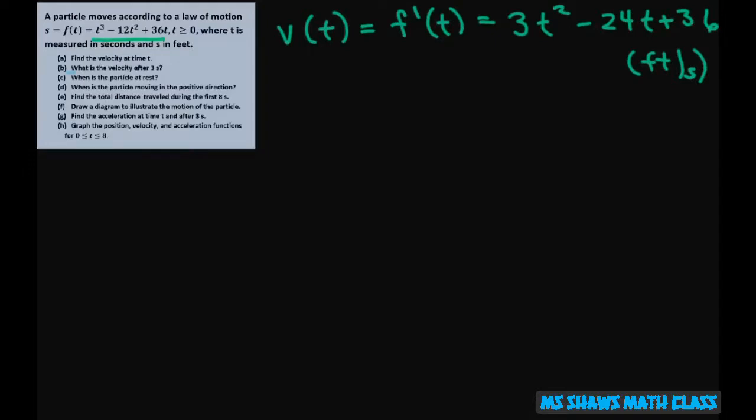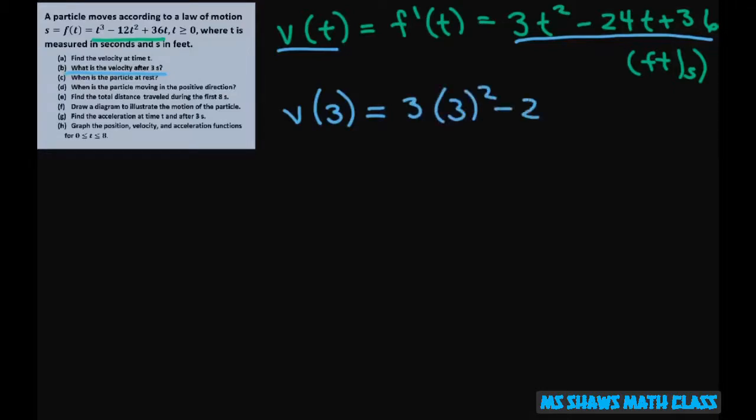All right. What is the velocity after 3 seconds? So basically you're just plugging in 3. When you plug in 3 for our velocity function, you get 3 times 3 squared minus 24 times 3 plus 36.